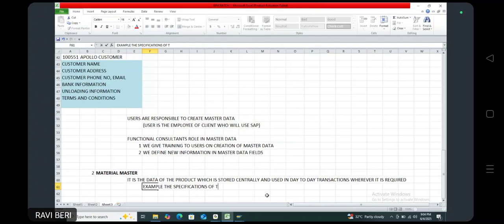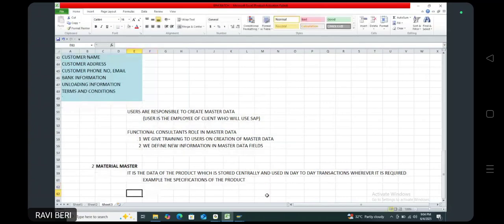So how do you define material master? It is the data of the product which is stored centrally and used in day-to-day transactions wherever it is required. Example, specifications of the product.